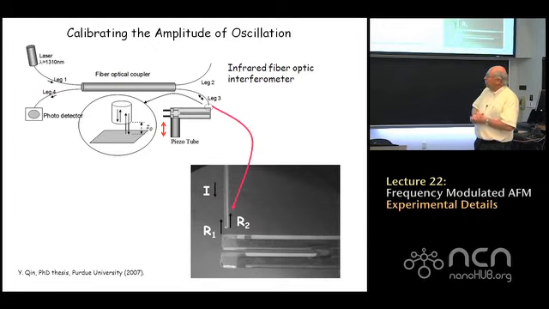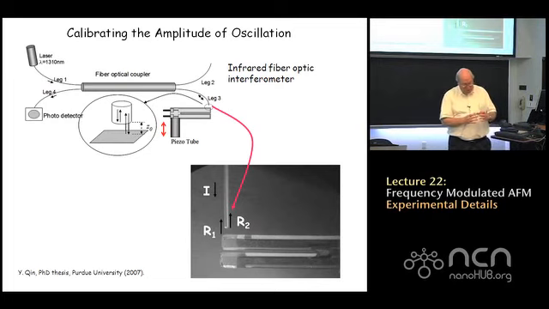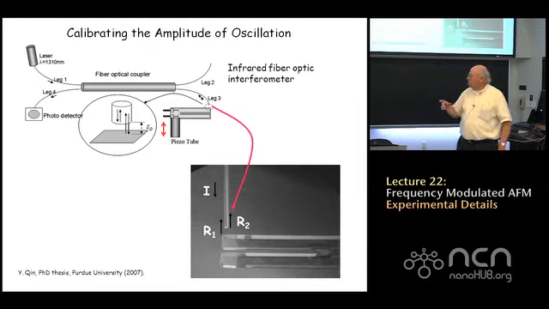So the idea is you buy one of these commercially available laser photodiodes that run at about 1,300 nanometers. These are used for all types of communication purposes, so they're really cheap. This fiber optic interferometer, you can buy for a few $100s from almost any optical science company.